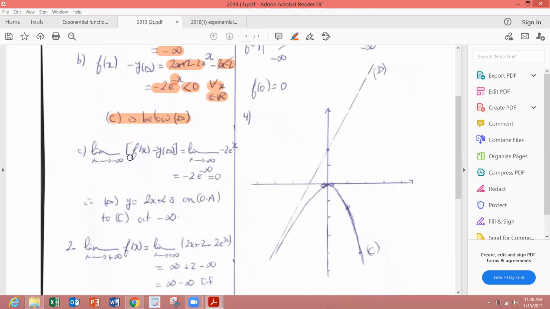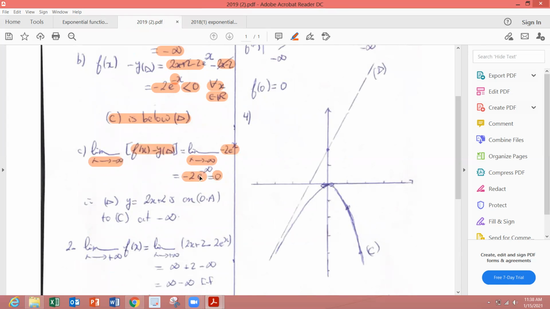So the limit as x tends to minus infinity of f(x) minus y delta equals the limit as x tends to minus infinity of minus 2e to the x. It will be minus 2e to the minus infinity, which is 0.